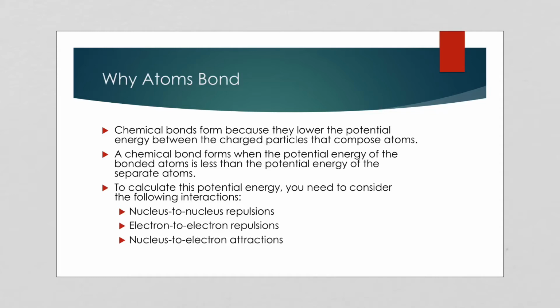If they didn't form compounds, that's all we would have. And so clearly we know that bonds exist. The question is, why do they form? Now, ultimately, we'll go over these points, but if you want to summarize this, bonds form because it lowers the potential energy.